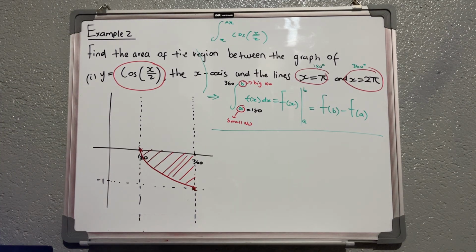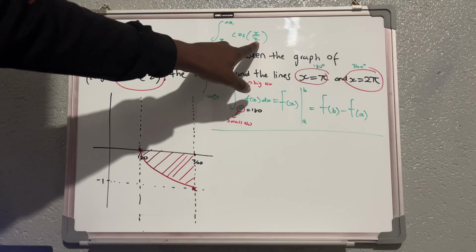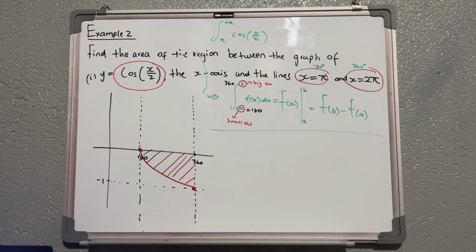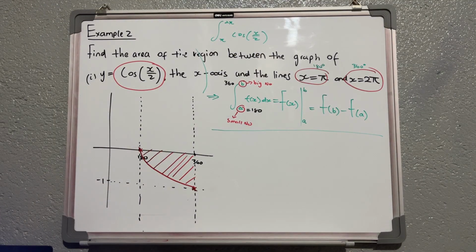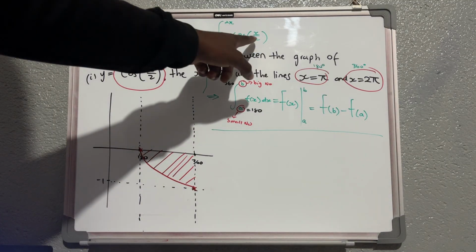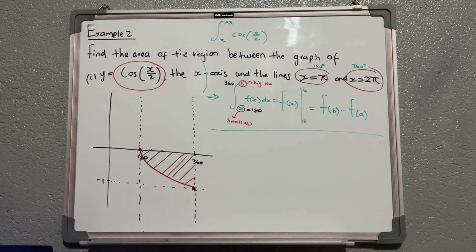With the U substitution, we basically choose the part that is more complicated within this function. The one that is going to make us work hard is going to be x over 2. But imagine if we were able to exchange this x over 2 by u.